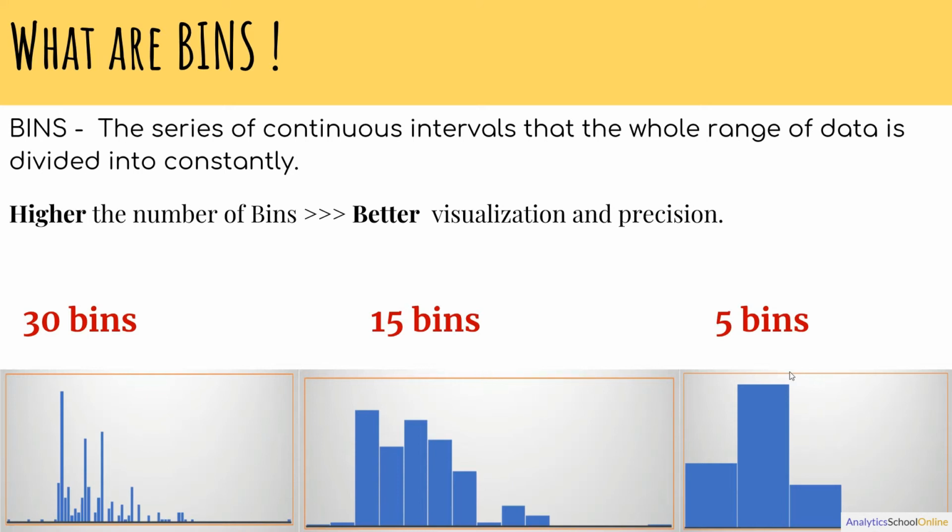And finally with 5 bins, the picture is very distorted. You cannot understand the individual frequency values for every single interval. It is very generalized, and this is not what we want as data analysts. We need more precision and more accuracy in analyzing our data. So that is our bins.